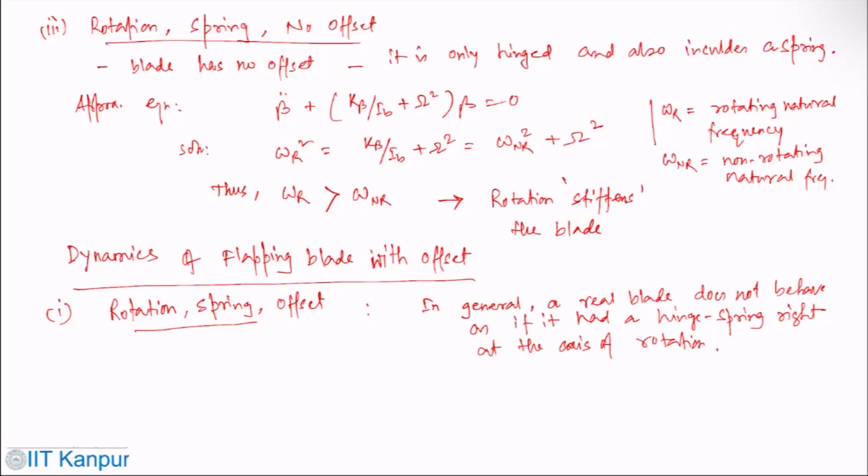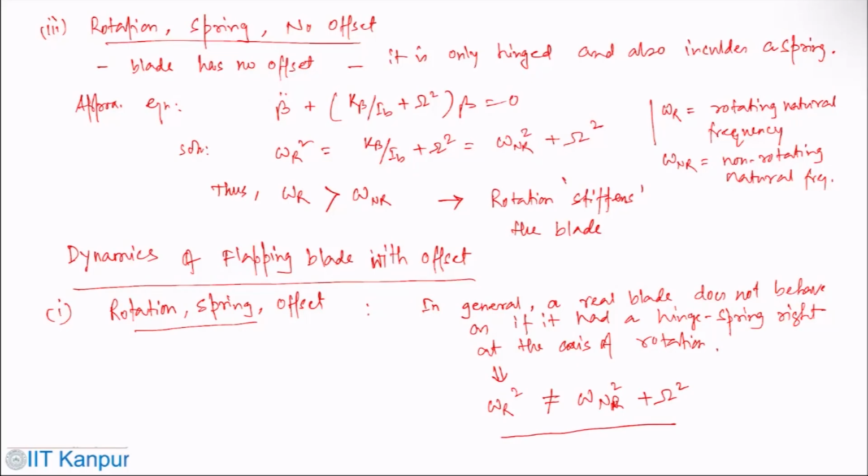What that means in general is that omega square would never be equal to omega nr square plus omega square, which we found earlier, since the real blade doesn't behave as if it had a hinge spring right at the axis of rotation.